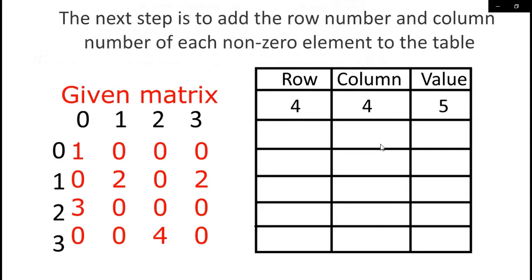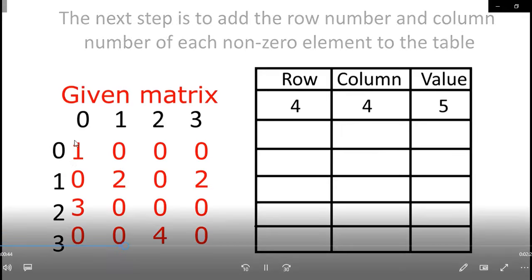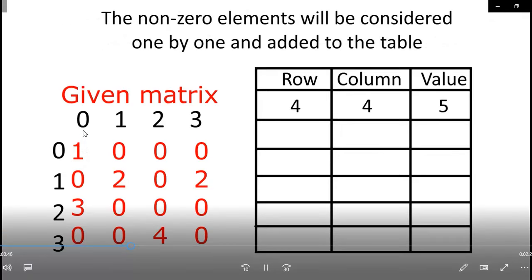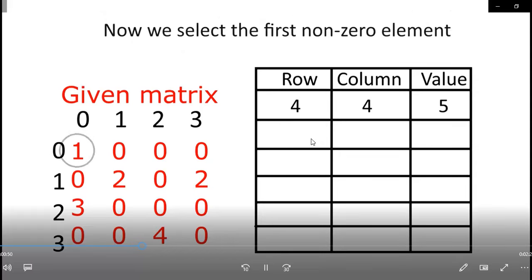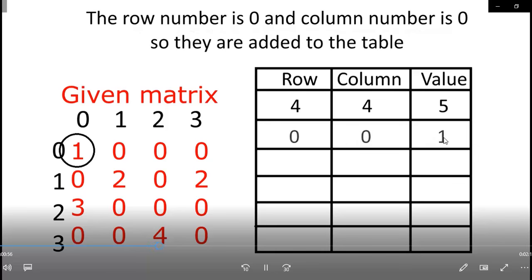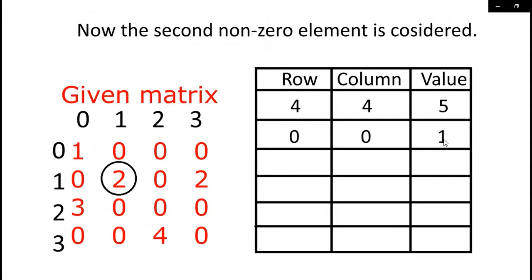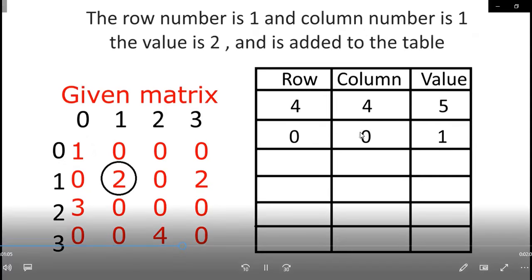The first non-zero element is at location 0 and 0, so we make that entry into the triplet table. We write 0 0 and the value as 1. The next element is 2. What is the row and column of 2? It is 1 and 1, so I make that entry, and the value is 2.